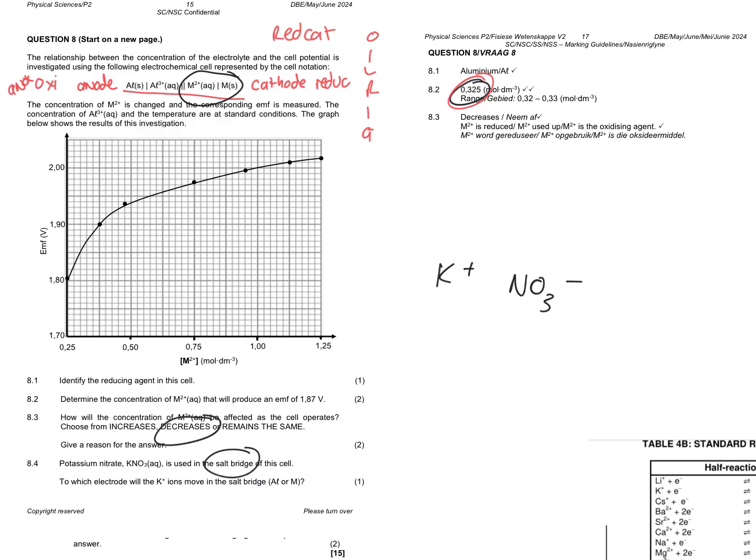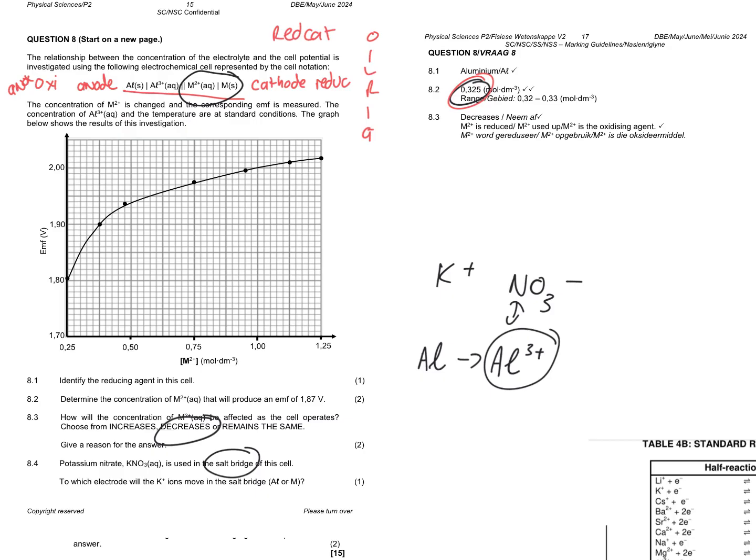So they're saying that they use potassium nitrate, and they're asking, does the K+ go to the Al or to the M? Does it go to the anode or the cathode? So the aluminium side is making Al3+, and so the positive charge is increasing on the anode side, which means the nitrate would go there.